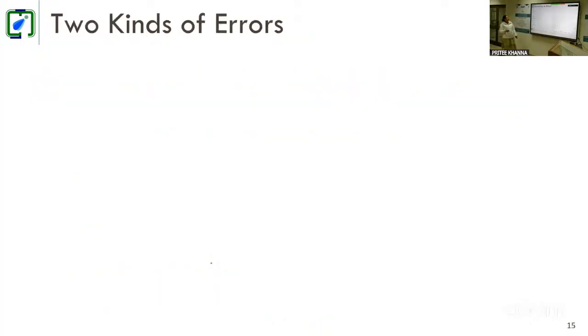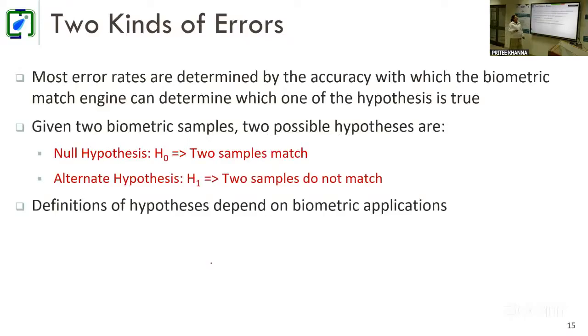When we go for errors, there are two kinds of errors. Basically, there are two hypotheses: the null hypothesis, when we say two samples match, and the alternate hypothesis, when we say two samples do not match. Remember that these definitions depend upon the application, whether you are going for a positive or a negative application.